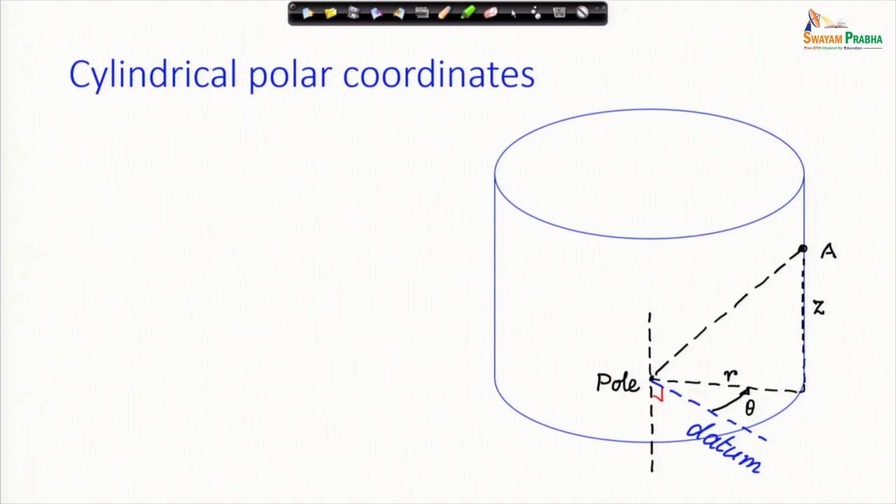Therefore, our coordinates are r, theta and z. We have the unit vectors E r cap, E theta cap and E z cap. The directions are chosen such that E r cap is along the radial line away from the pole, E theta cap is in the direction of increasing theta, and E z cap is the cross product of E r and E theta. So, E z is E r cross E theta.